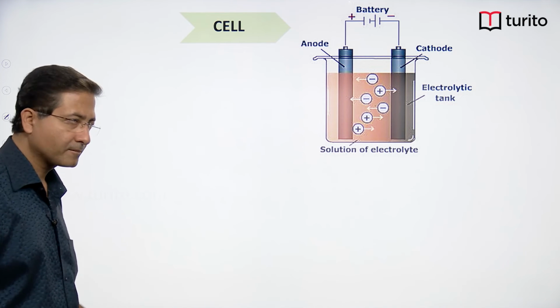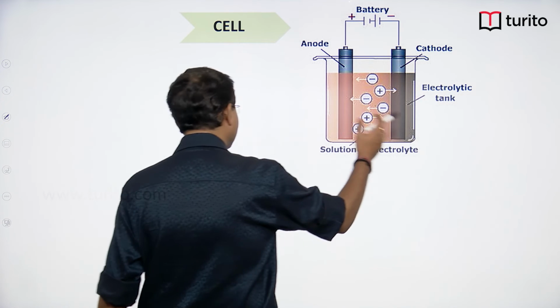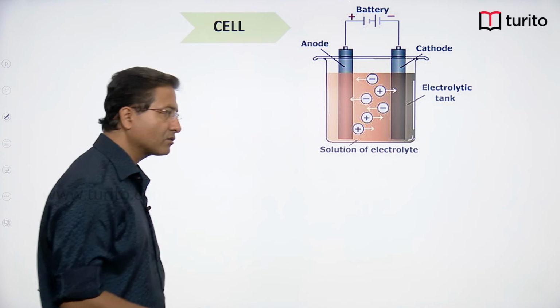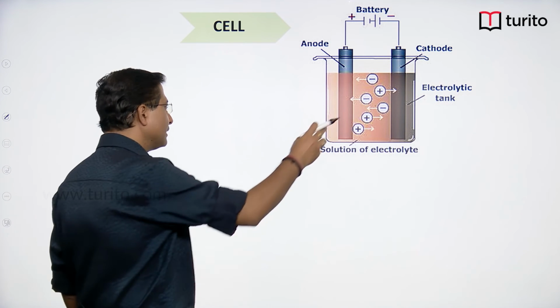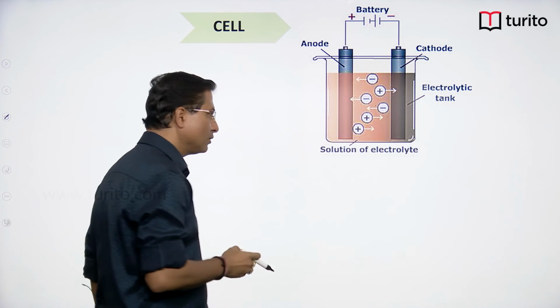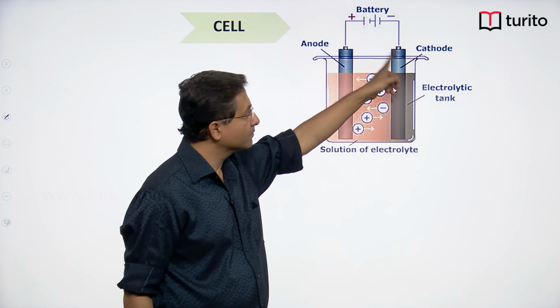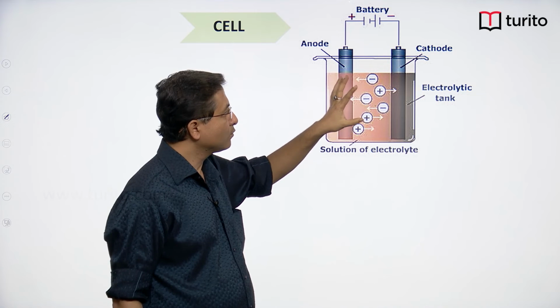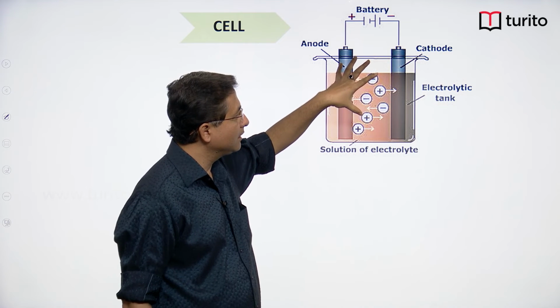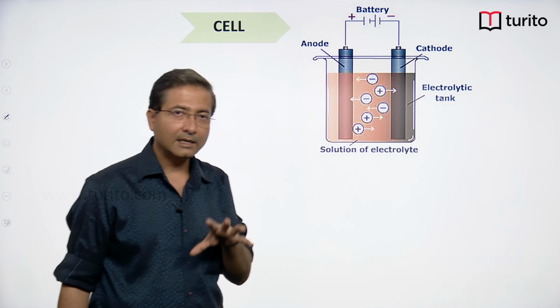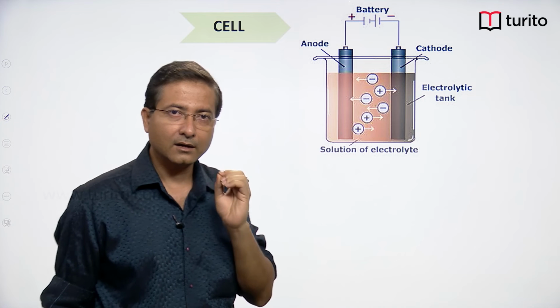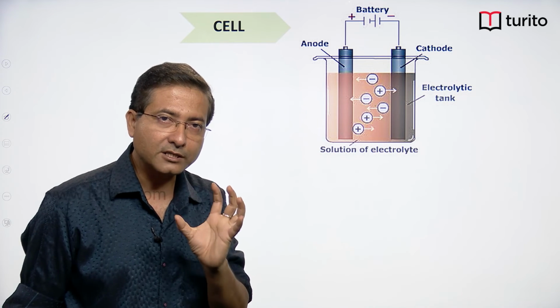Any cell, if I take an electrolytic cell, inside it there will be electrolyte and 2 electrodes, anode and cathode. This cell delivers current at constant potential difference.